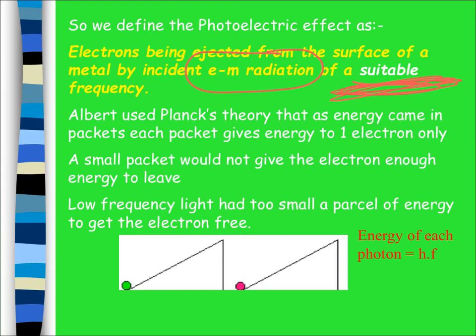Here, I've compared green light, that's green, with UV light at the bottom here. Now, the green light has a small package and will only get the electron that far up the energy grid. It can't leave. It hasn't enough energy. So it gets hit, it gets hit, it gets hit, but it never gets enough energy to leave the metal.